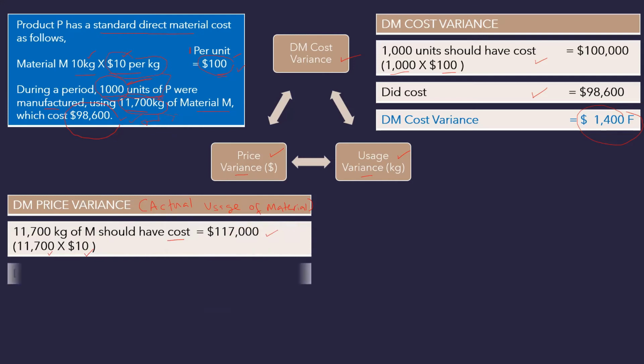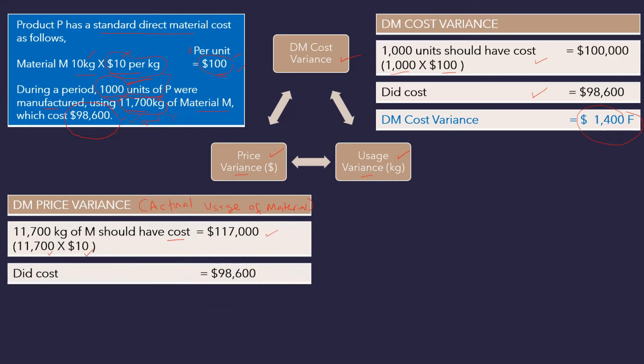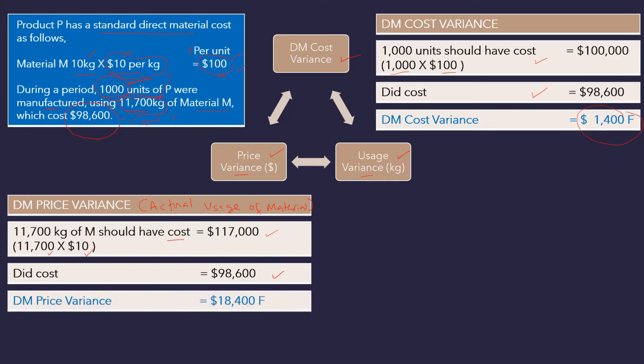However, we incurred only $98,600. Therefore we have a favorable variance of $18,400. Is that clear?